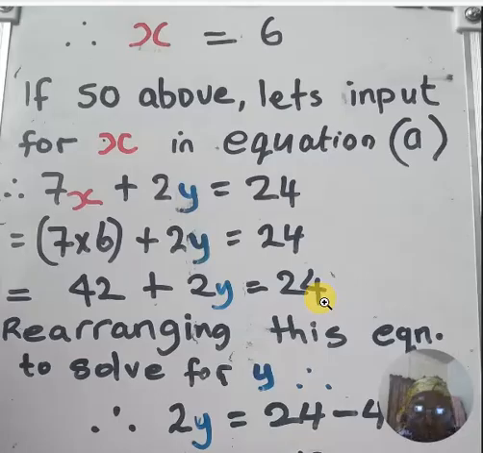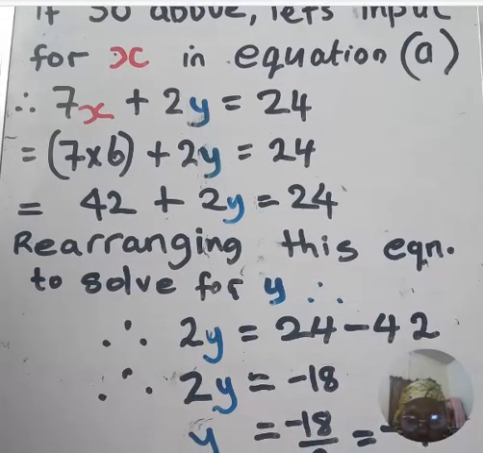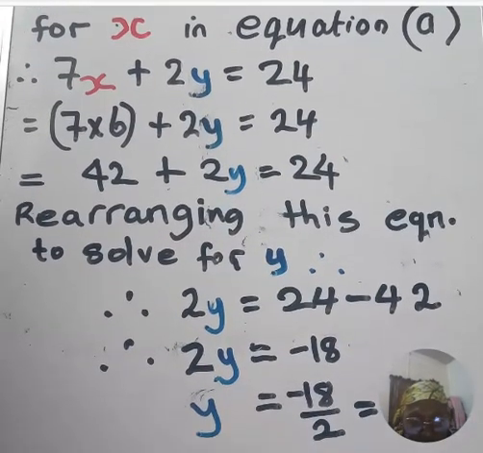I'm sure you're conversant with that. When you're rearranging an equation, if you take one figure from one side to the other, its sign changes. So we have 2y left alone on this side, equal to 24 minus 42. And 2y is equal to minus 18, because 24 minus 42 will give us minus 18.